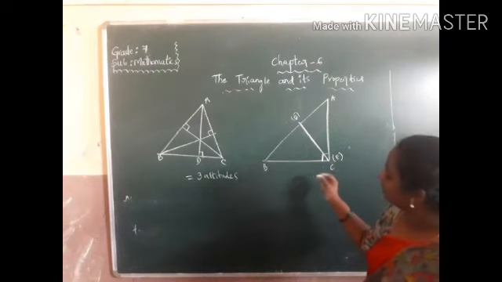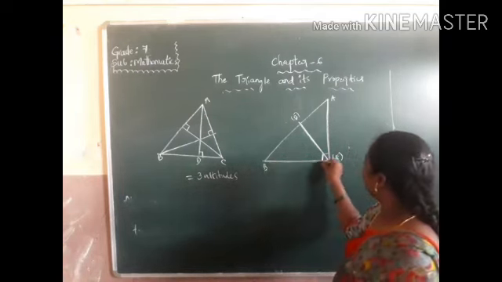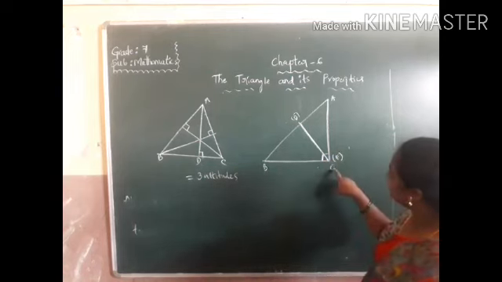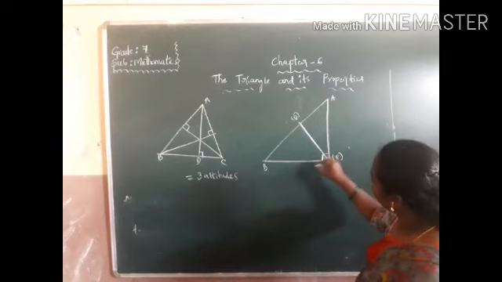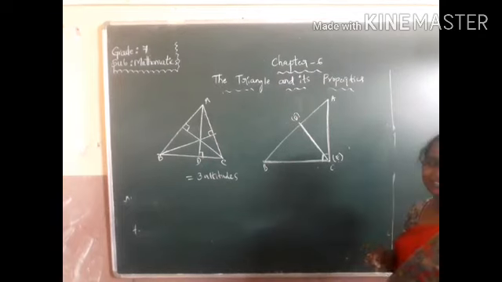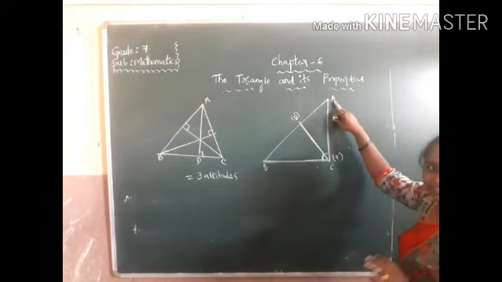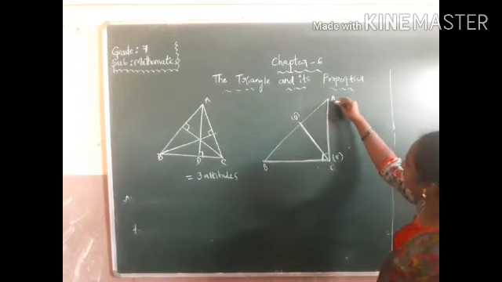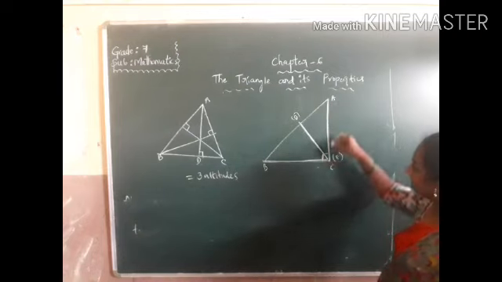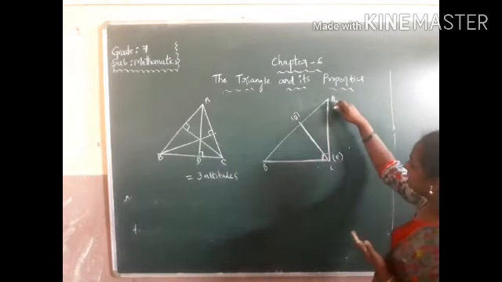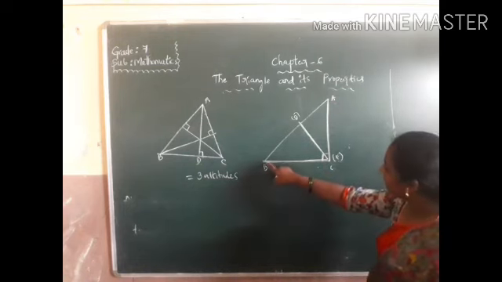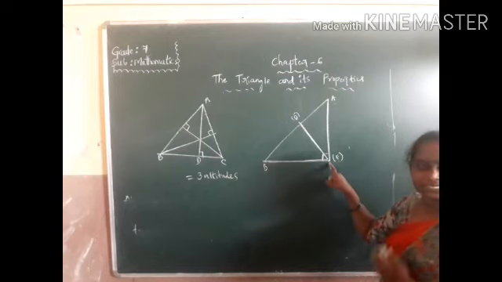So if you observe here B to E, B to the opposite side. Observe carefully, so don't get any confusion. Here this AE coincides with the AC. So that means AC is the altitude itself only. Here BE coincides with the BC.